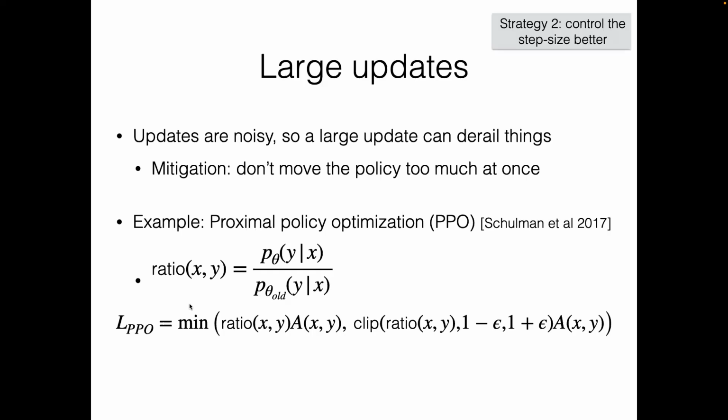It's basically this combination of this ratio, and then this A is the advantages, and then you basically do some clipping. So the clipping here is saying, if you move too far, if the ratio is too large, then you'll just truncate it at a given point in either the positive or the negative direction.